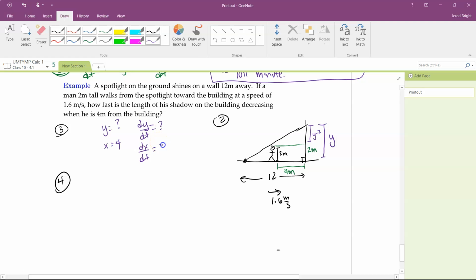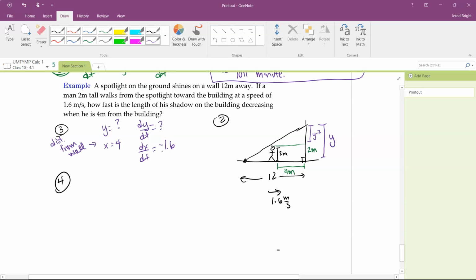In the context of this problem, I'm going to introduce a negative, because we have to carefully define what x is. I'm going to say x is the distance from the wall. That is why I have a negative, because the distance from the wall is decreasing.